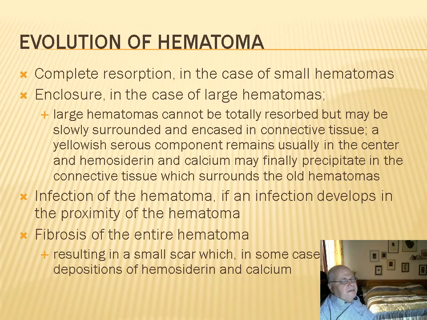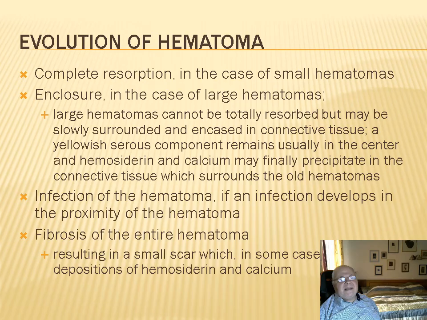The capsule delimits a cavity full of blood, which is usually destroyed in time, but still remains as blood. Sometimes these hematomas, enclosed or not yet enclosed, can be infected with microbes from nearby, and in this way the hematoma will be transformed into an abscess.